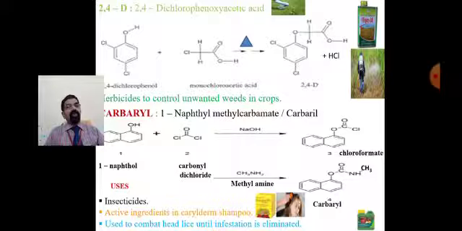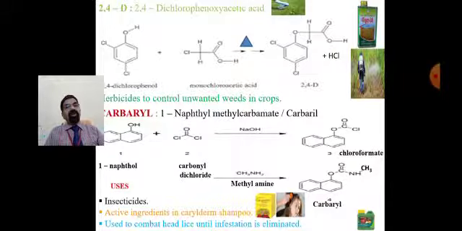This chloroformate, on amination using methylamine, forms the product known as carbaryl. That is 1-naphthyl methyl carbamate.